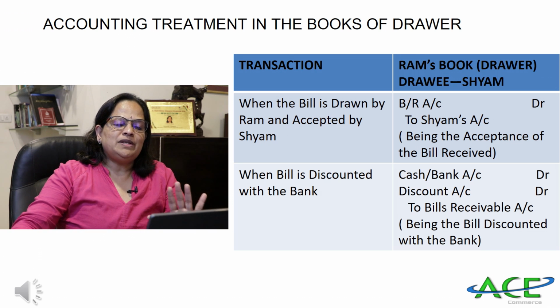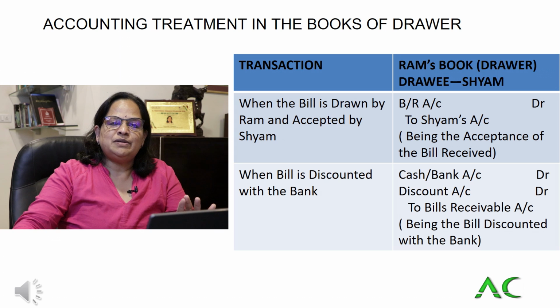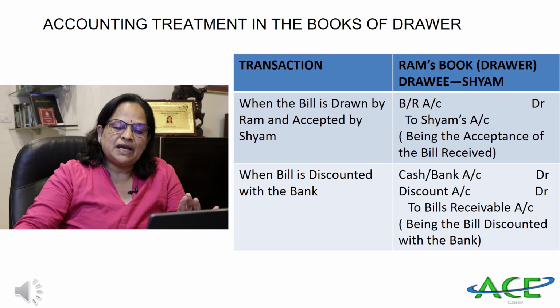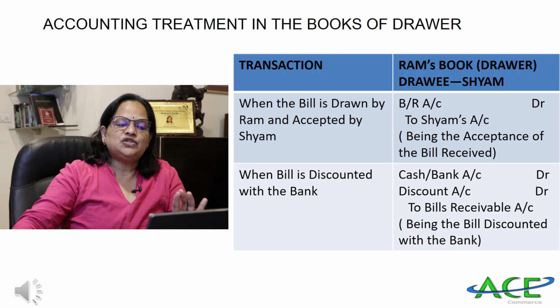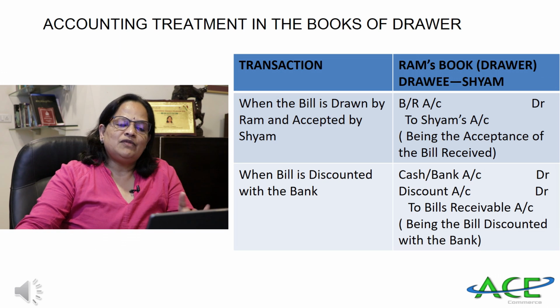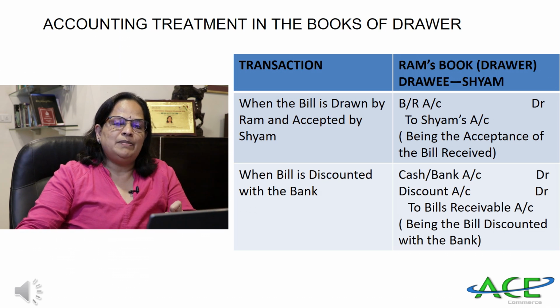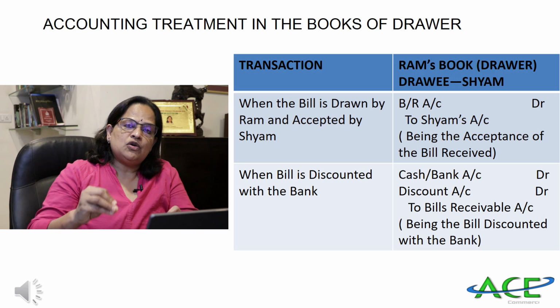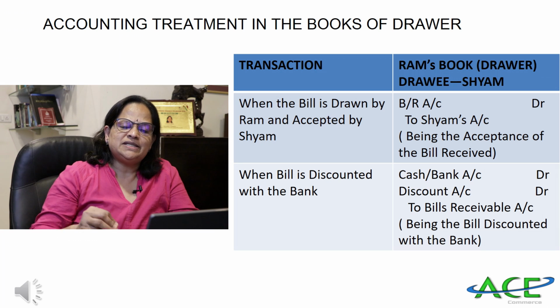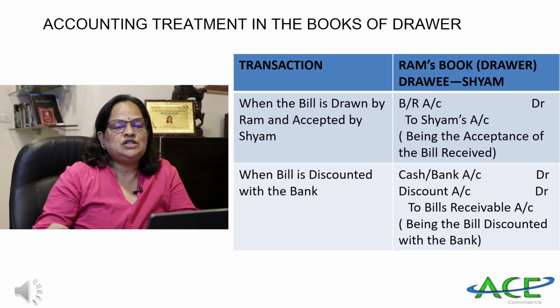So first one is when the bill is drawn by Ram and accepted by Sham. Bills receivable account debit to Sham's account. So that is being the acceptance of the bill received. Second one is when the bill is discounted with the bank. Ram is discounting the bill with the bank. So journal entry is cash account or bank account debit, discount account debit, to bills receivable account.